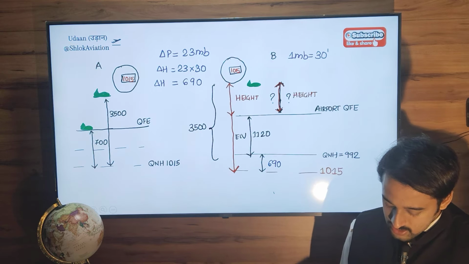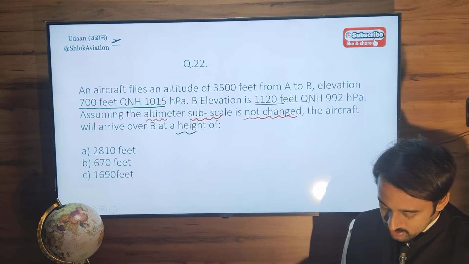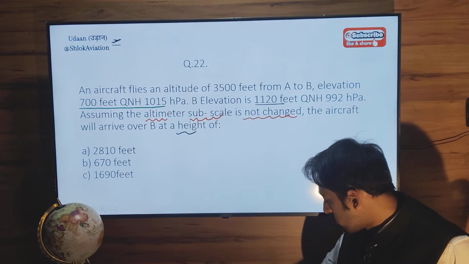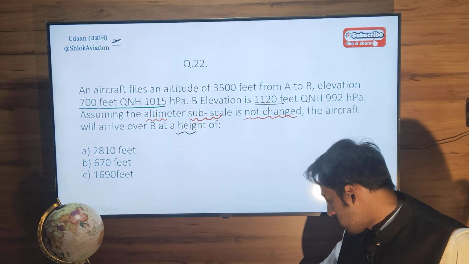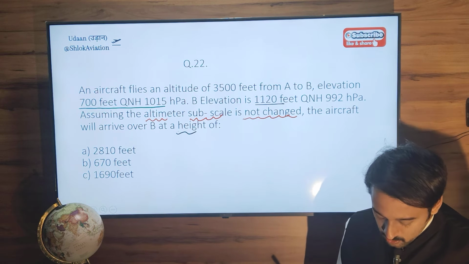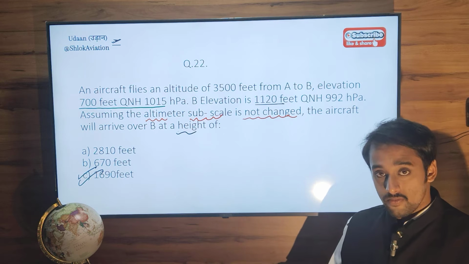Height equals 1690 feet. So the correct option is option number C.